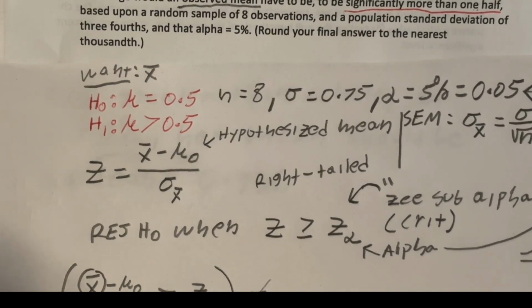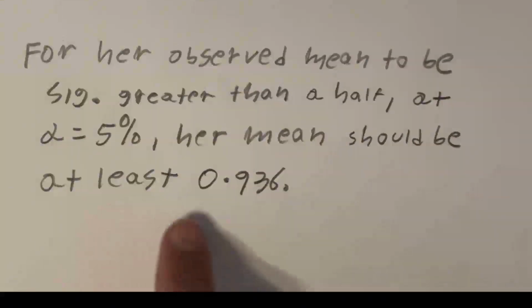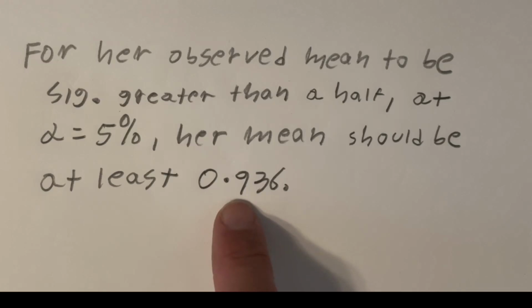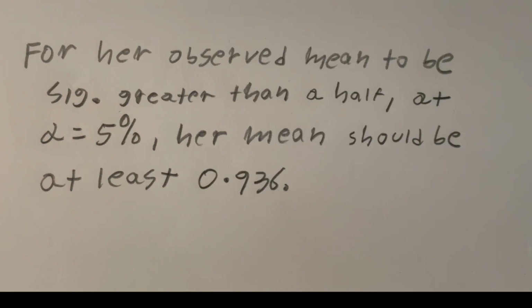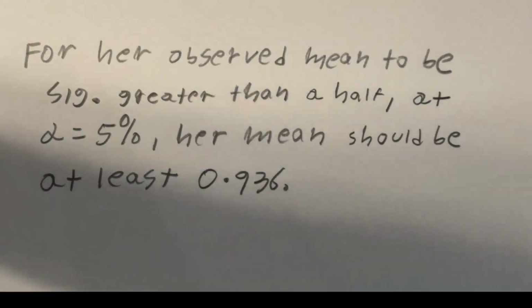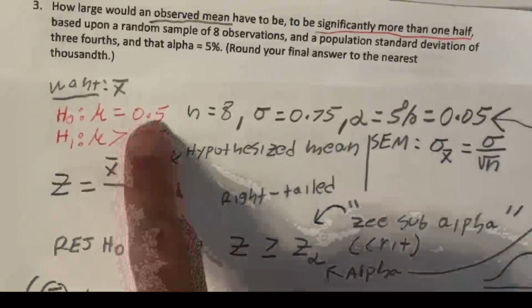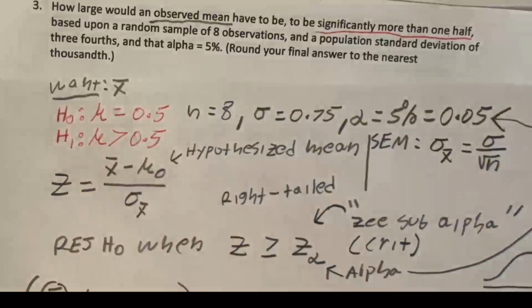And the answer is when the sample mean is at least 0.936. We can lay claim to the fact that this sample mean is significantly, not mathematically, but significantly greater than a half at the 5% significance level.